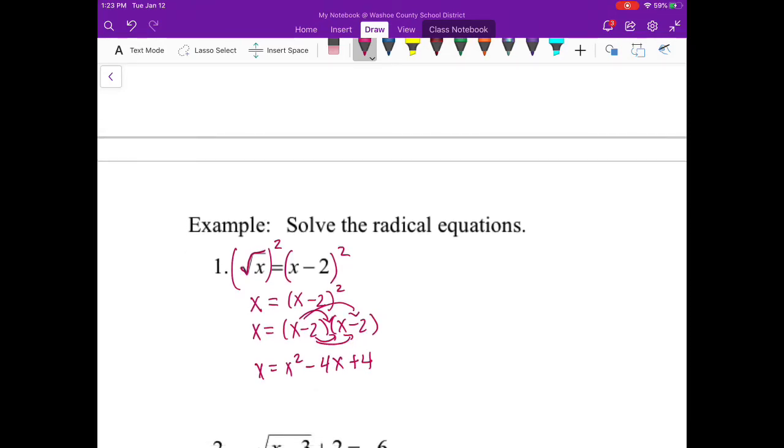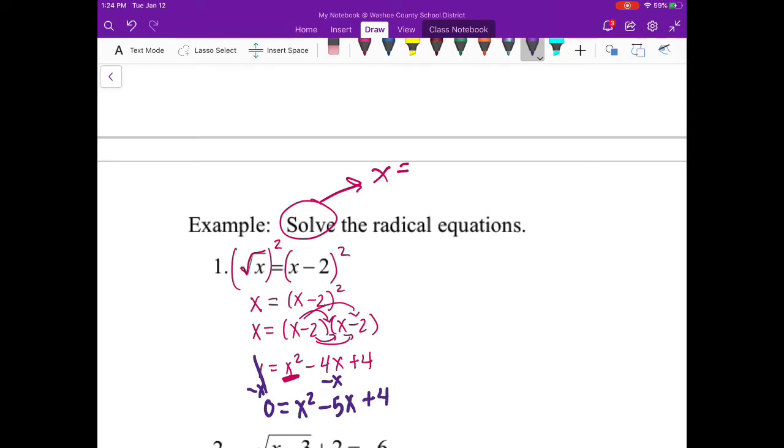Okay, so we're getting one step closer to solving here. Now, when we're solving, this is now a quadratic because I see x squared there. So remember, our goal when it's saying solve, my answer should be x equals and then a number or 2. Well, in this case, I'm going to first have to set this equal to 0. So I'm going to move this x over so that this is equal to 0. That's how I solve a quadratic. And now I'm left with this.